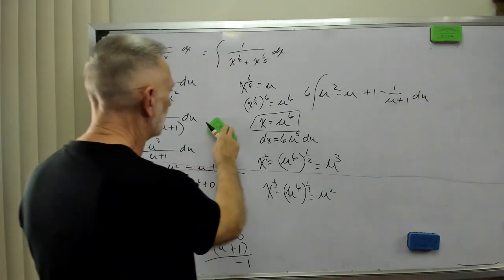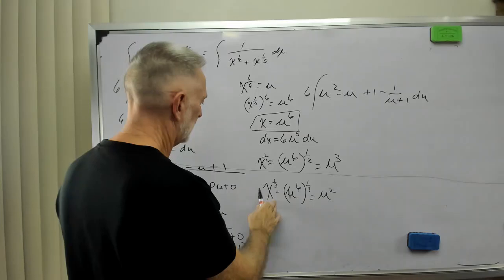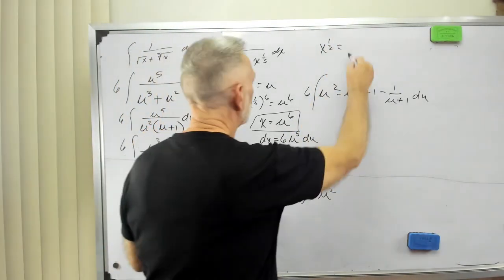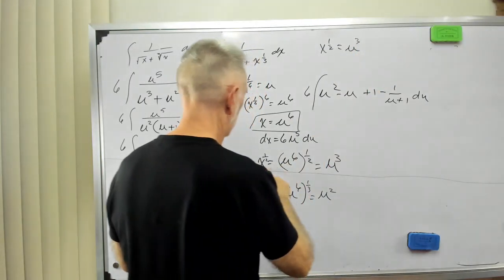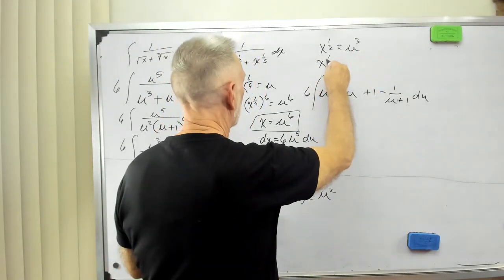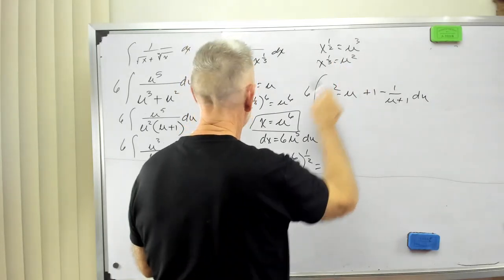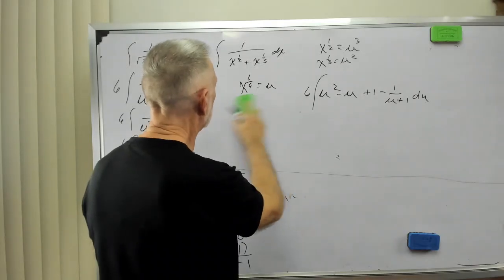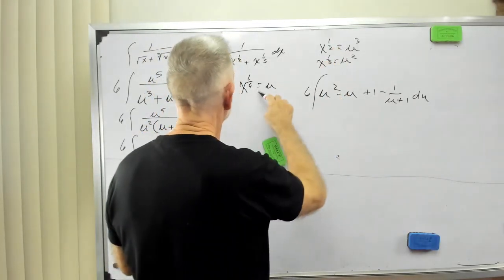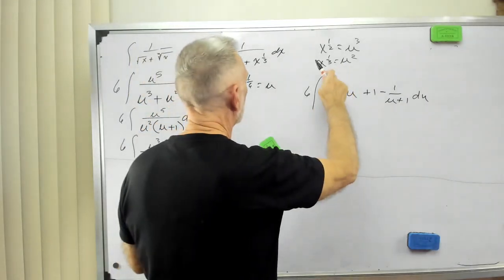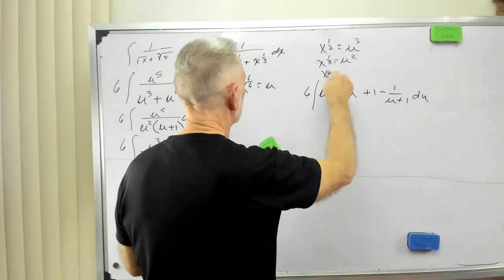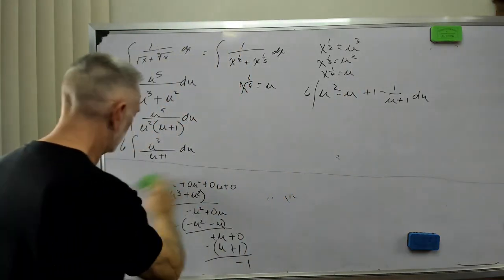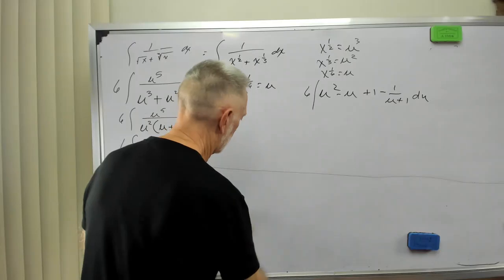Let me write x to the 1/2 equals u cubed, and then x to the 1/3 equals u squared. And we're going to need this one for sure: x to the 1/6 equals u.